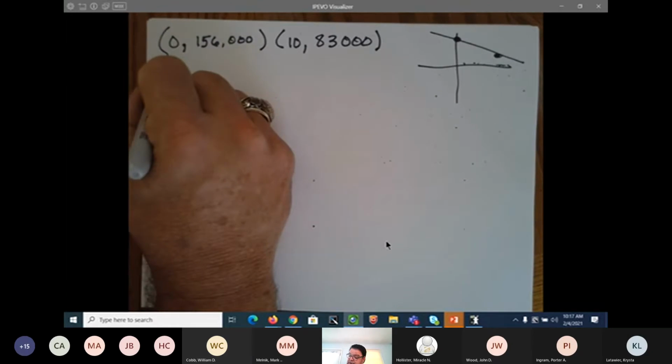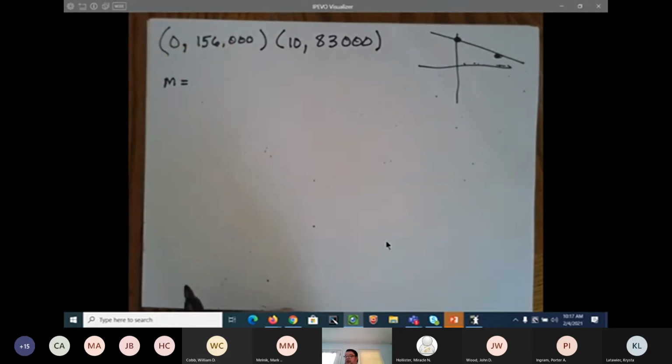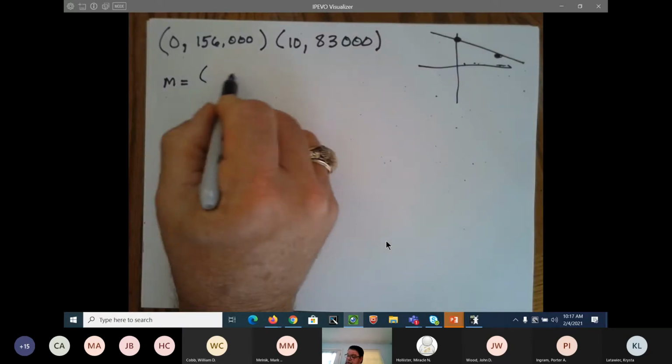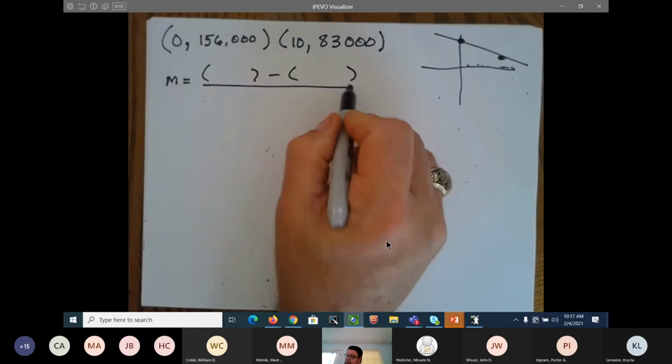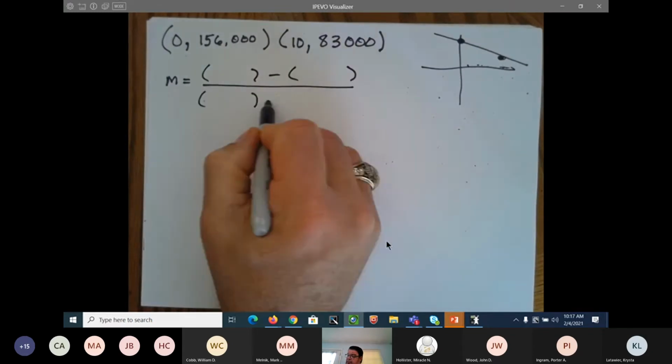I think that's what you meant when you said difference. That's called rate of change. Slope is equal to rate of change. You're going to find that out later. So y sub 2 minus y sub 1 over x sub 2 minus x sub 1.